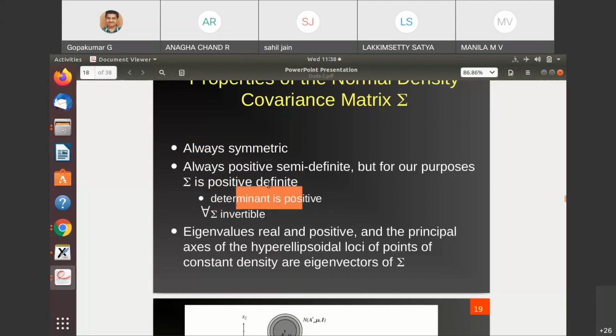That is another condition that must be satisfied by this covariance matrix. We are not going into the details of positive definite and positive semi-definite, there are many such properties, but for our purpose we are assuming that it is positive definite, meaning the determinant is positive.